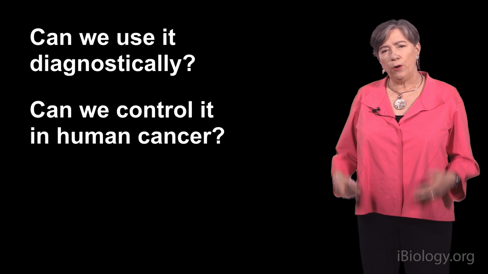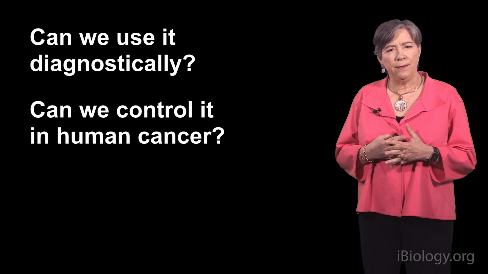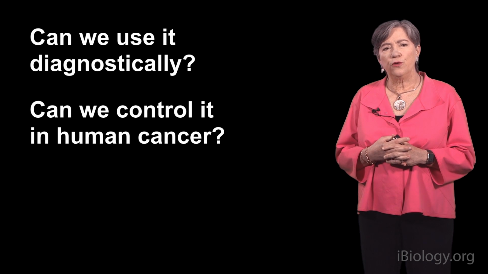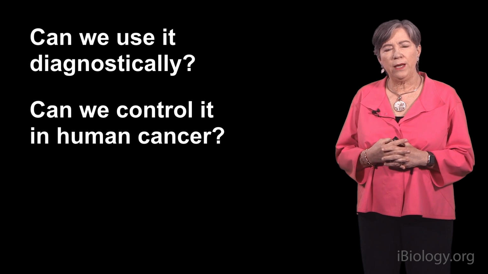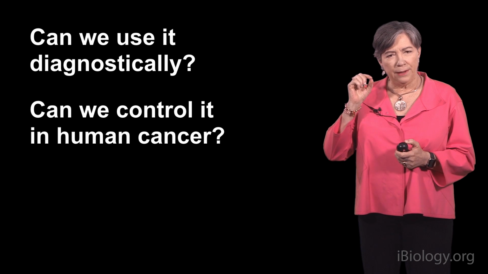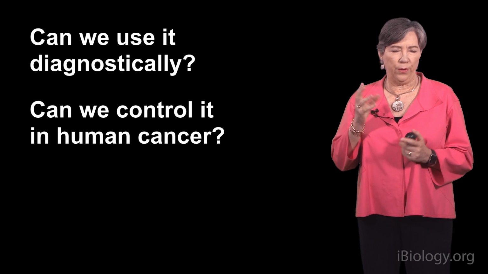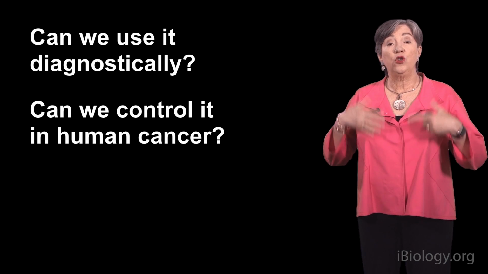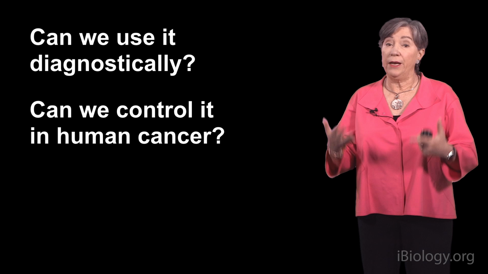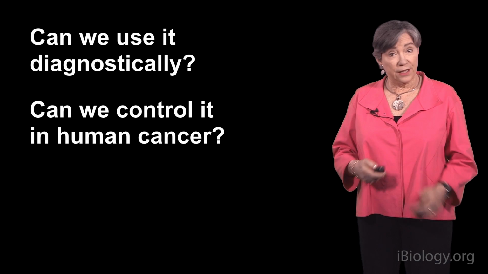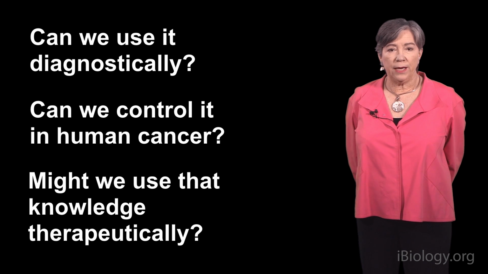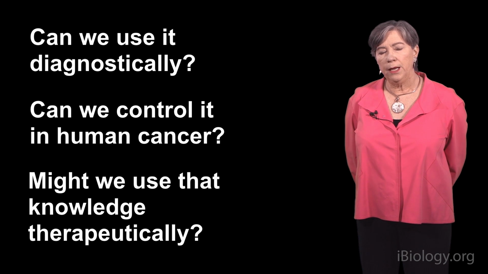That's diagnostics, maybe. We think it's promising at least. But could we ever learn to control it in human cancers? Could we surgically block, with chemical agents or with antibodies, the activation of that response in tumors where it's already active, and try to turn it off? That's another thing we're trying to do. How can we use that combined knowledge therapeutically?